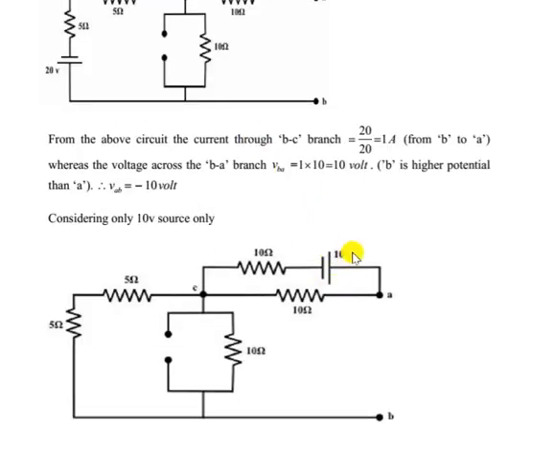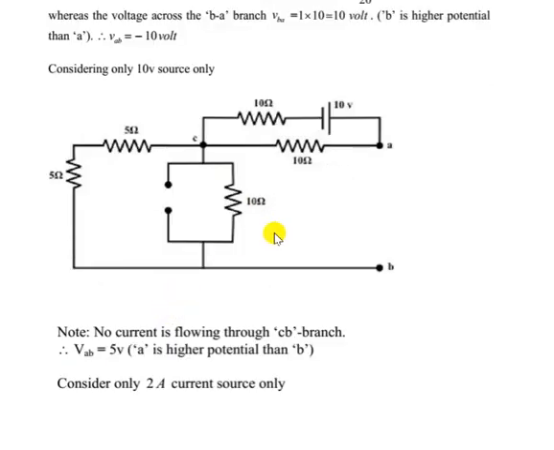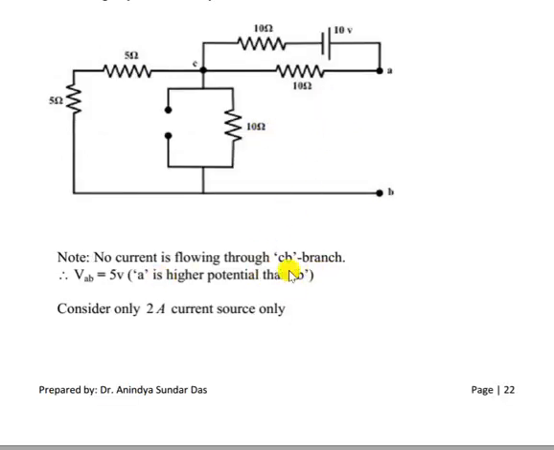Now consider only the 10 volt source and the other two deactivated. Then what we can do is find the voltage across this 10 ohm resistor, that will be equal to VAB. Now it is voltage division between two resistances, both values are the same, so it becomes half of that, so 5 volt.